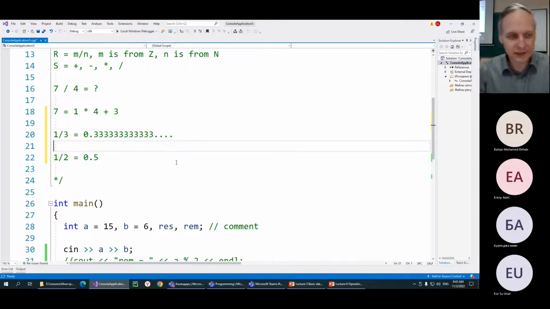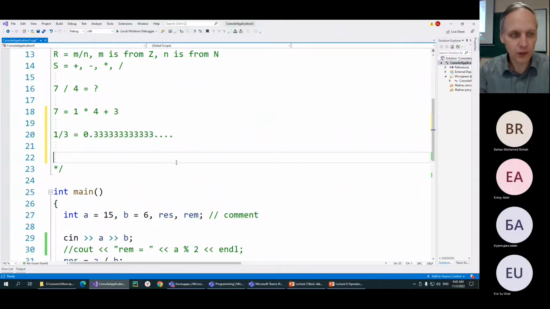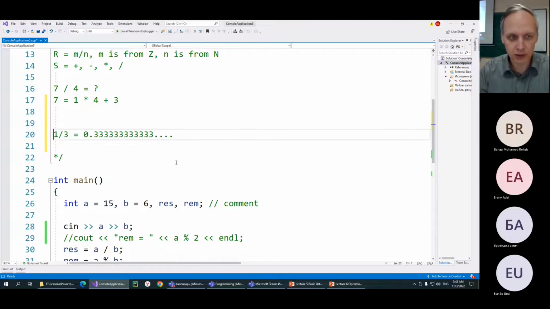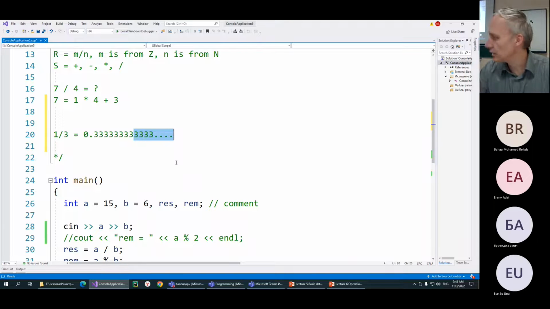But with this example, I want to show you that we store numbers in decimal form. As far as a computer has a fixed amount of memory, we cannot store this endless sequence of digits.